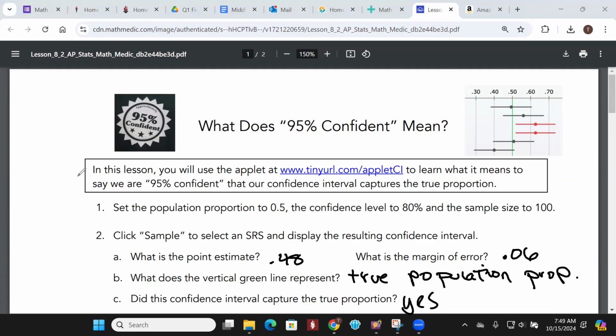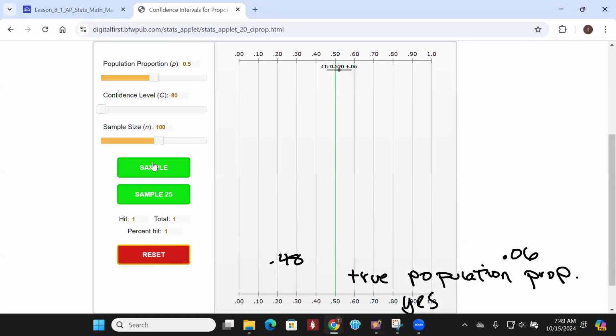Okay, so what I want you to do with your app is run it 10 times. You're going to get something like this. What you want to do is figure out, of the 10 samples that you take, how many of the intervals captured the true proportion.